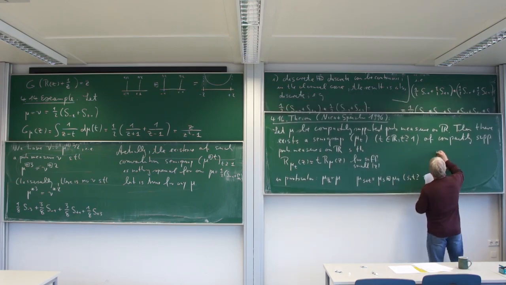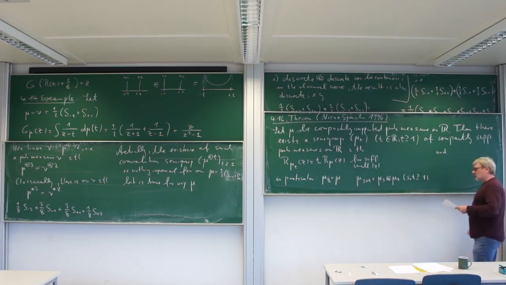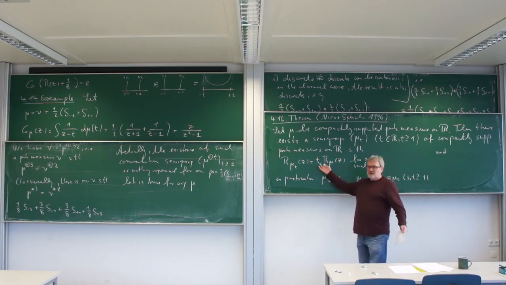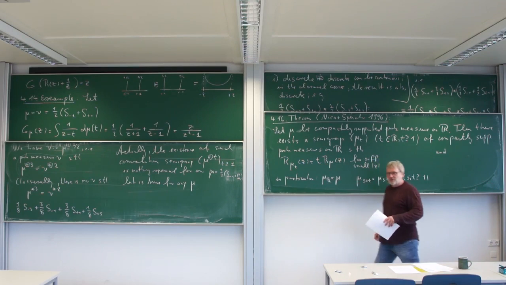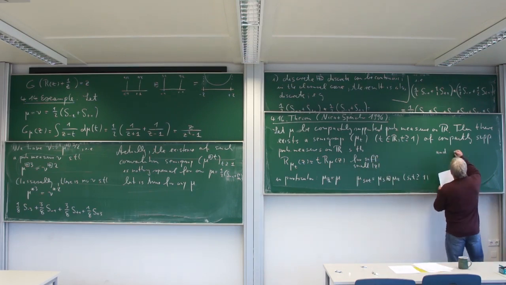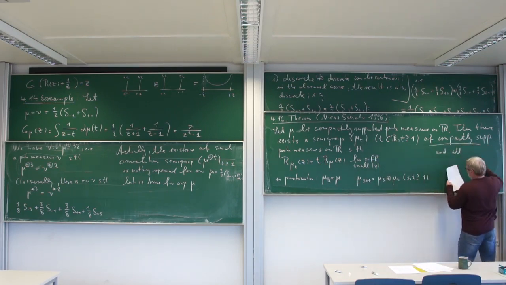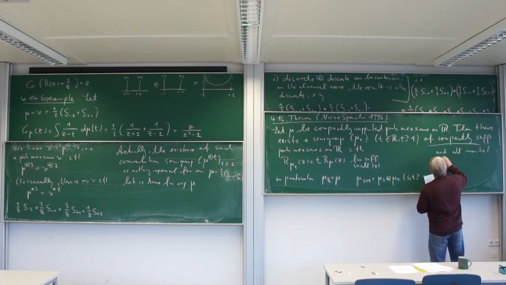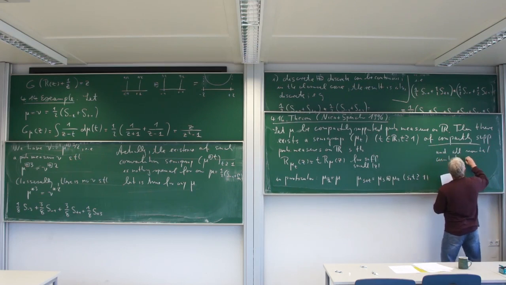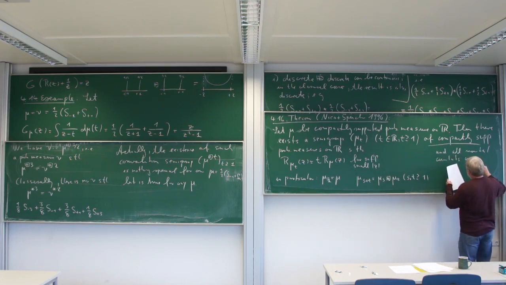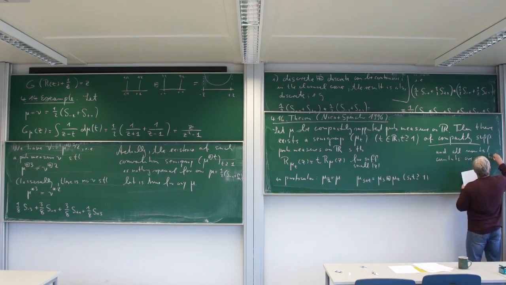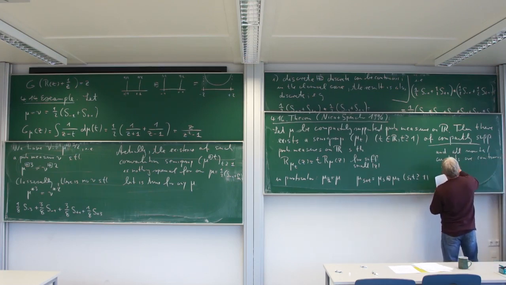Maybe we can also say that of course we have continuity in t. This tells us essentially that the cumulants are continuous in t, and of course this also means that the moments are continuous. So all moments or cumulants are continuous in t.